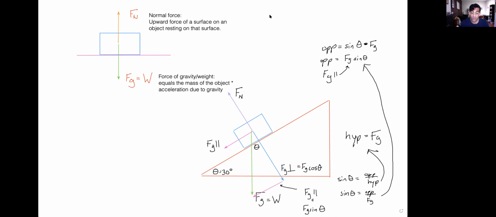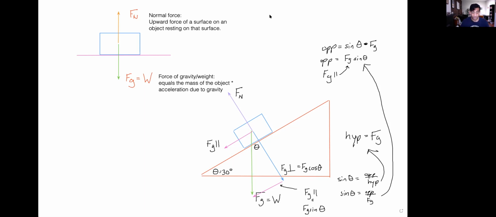And so usually, if I know this object is accelerating down, then I know that that is due to the parallel force of gravity. In other words, the perpendicular force of gravity is not going to be involved in the ultimate behavior of the object on an incline.